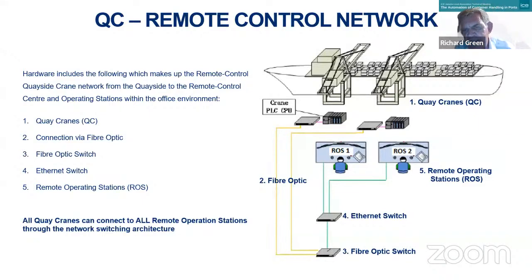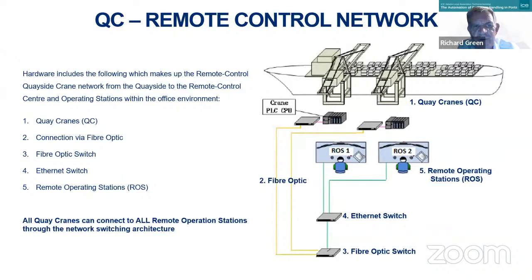So the remote operating station is remote from the cranes, and the operators, as I say, if one crane becomes idle, if there isn't an operator for the next crane, you can take over the next crane. No need to move around.